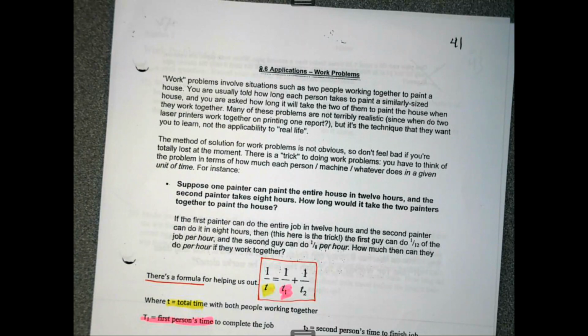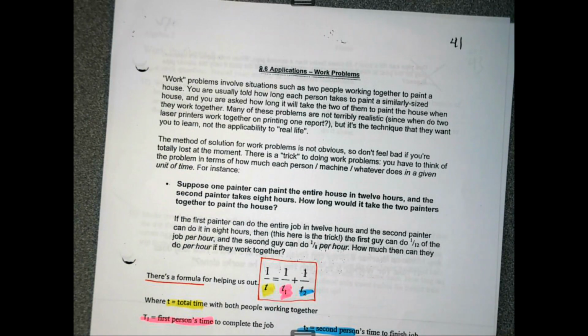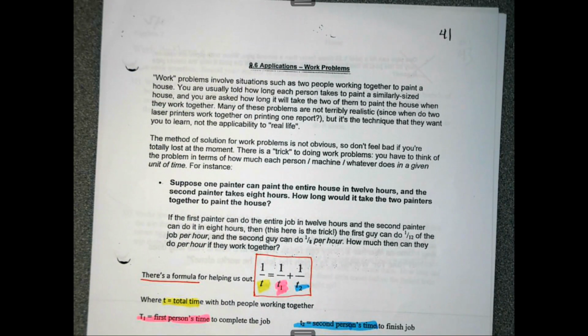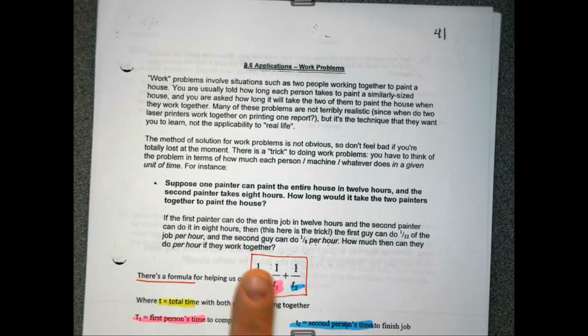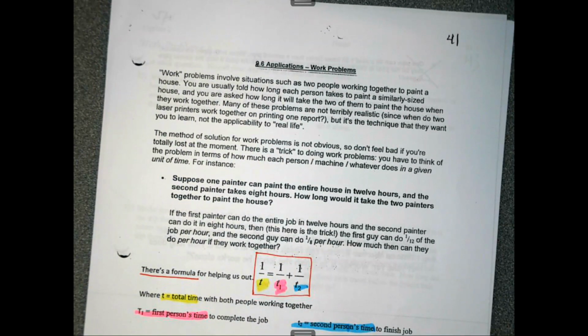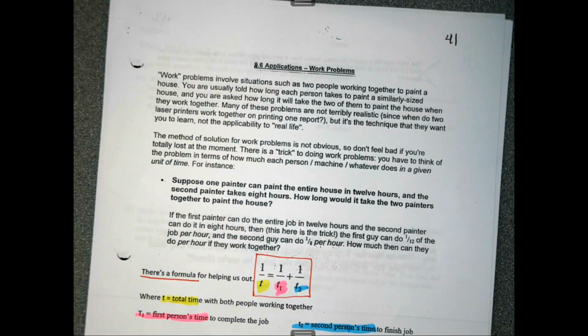And then T2 will be the second one. Okay, second person's time. All right. And the total time obviously is going to be the sum of T1 and T2, right?